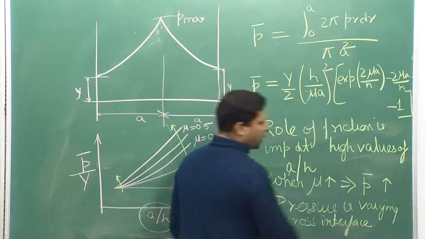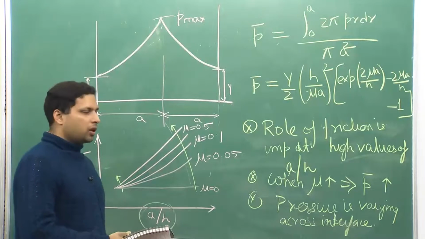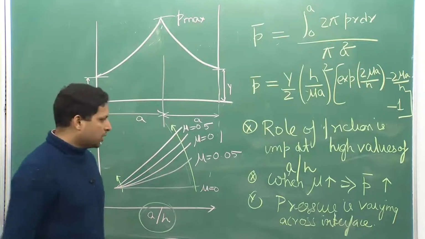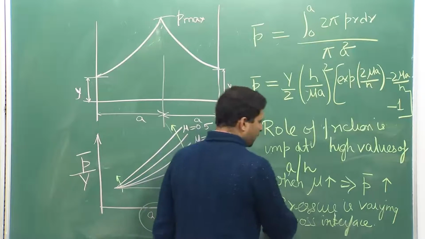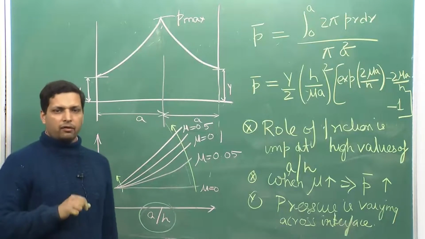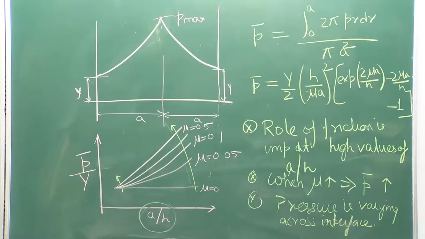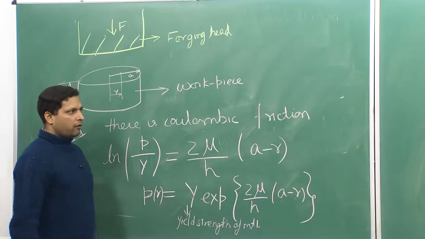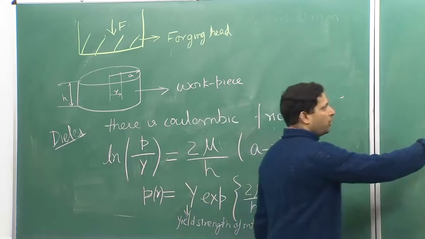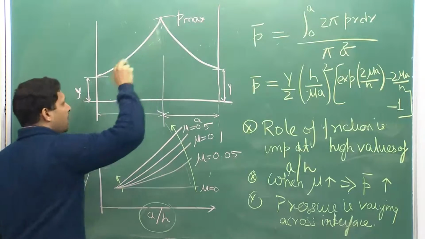Now, if you remember, in the upper bound analysis we used pressure to relate it with internal properties. But what we see here is that pressure is also dependent on the location on the interface. At some places pressure is low, at some places pressure is high, like what is given here and what is shown on this board. So, at this particular point pressure is low, at this point pressure is high.